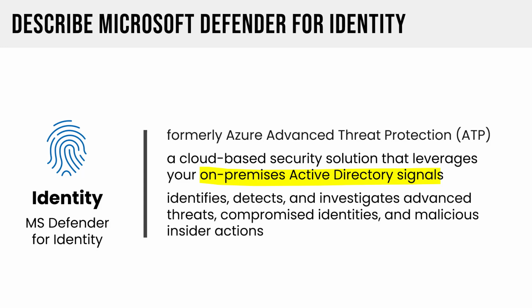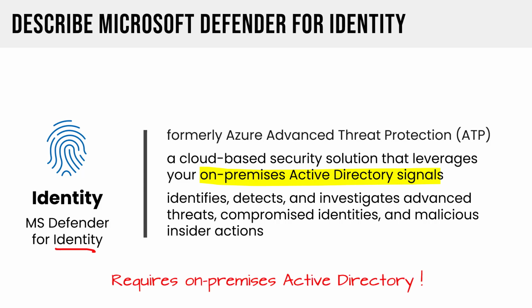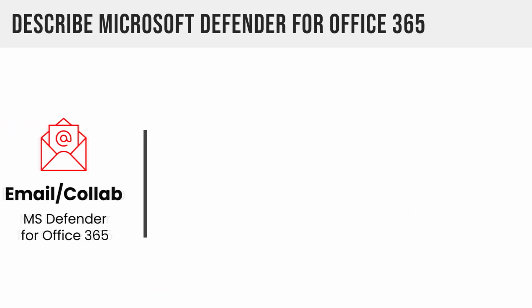And it's going to identify, detect, and investigate advanced threats, compromised identities, malicious insider action. So it's really focused on your identities and your endpoints and rooting out malicious activity and lateral movement, to be specific. But Defender for Identity requires on-premises Active Directory. It needs Active Directory domain services, so lock that in the back of your mind.